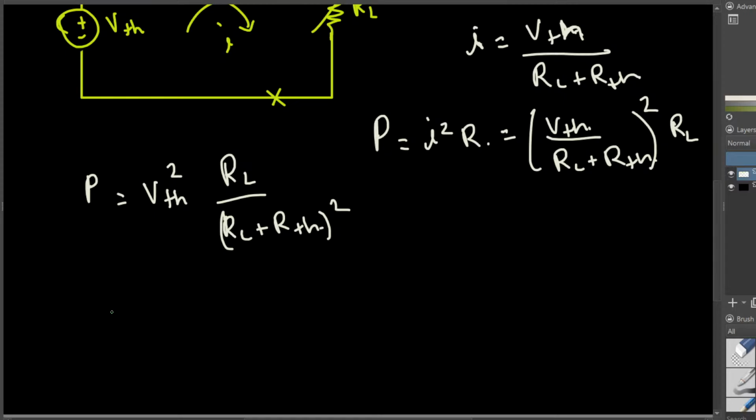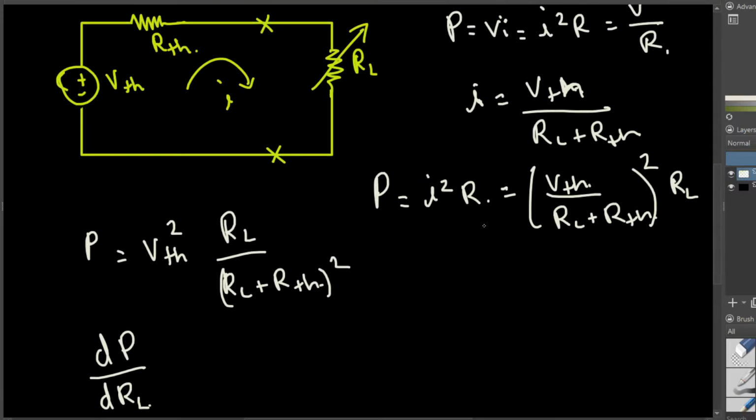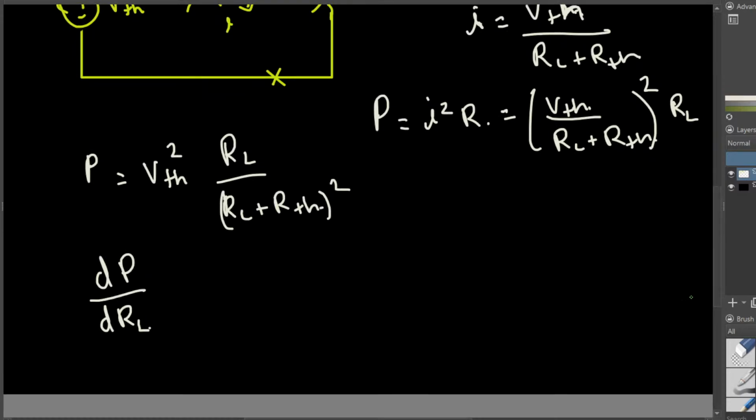So here we have to take the derivative in terms of RL, because that's the only value that changes. dP divided by dRL, and V Thevenin and R Thevenin act like constants when we do that. It's equal to 0.